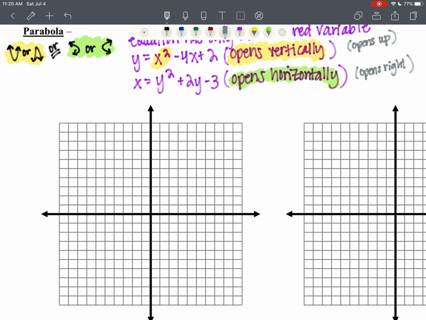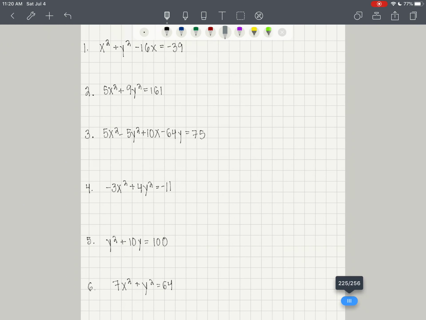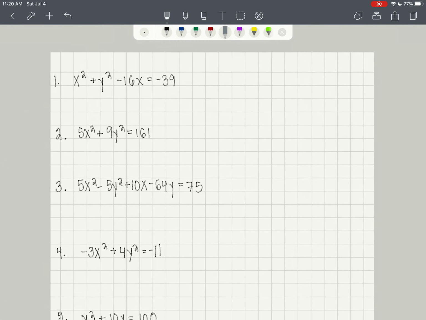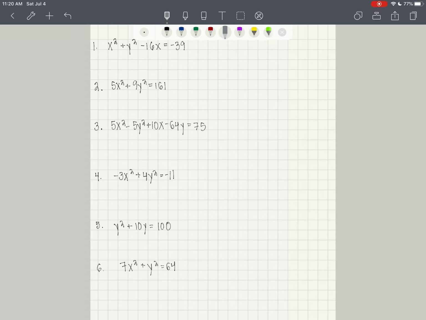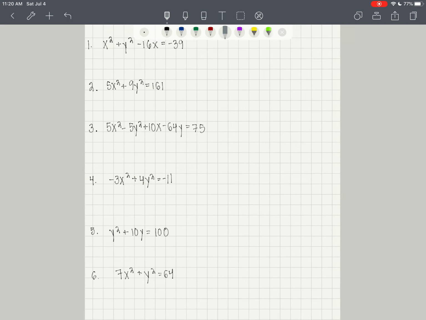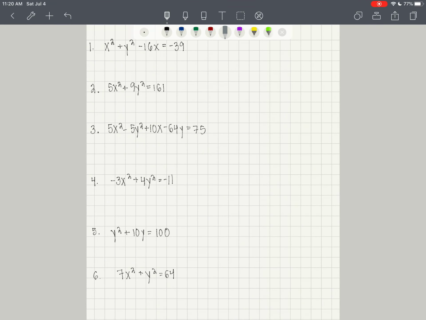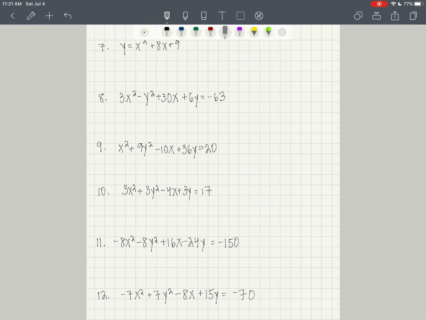But before we get into our graphs, let's see if we can identify from the equations what these equations represent. Do they represent a circle, an ellipse, a hyperbola, or a parabola? So here are the first 6 problems. Go ahead and press pause and you can write those down. Here's 7 through 12.